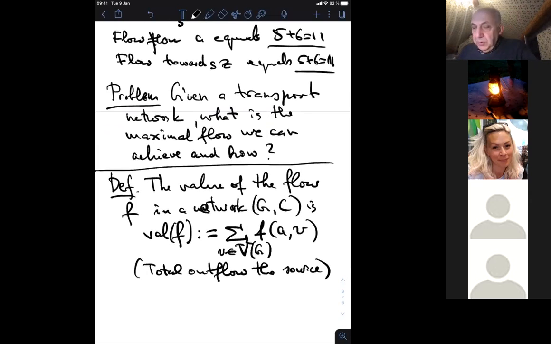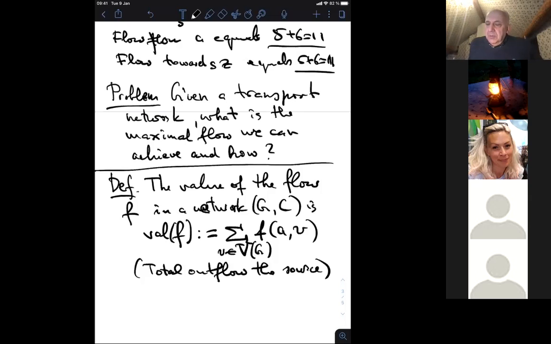Okay. And we'll have a lemma which will allow us to calculate the same thing, the value of the flow, using both the sink and, in fact, all other so-called cuts in a graph.